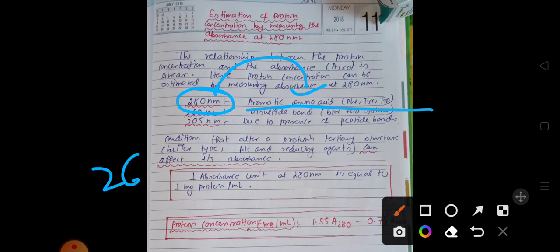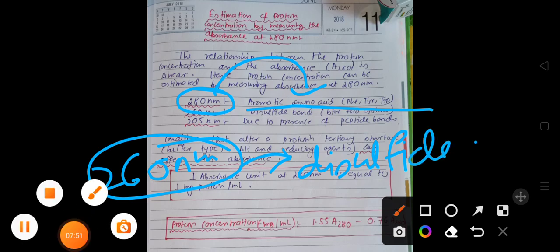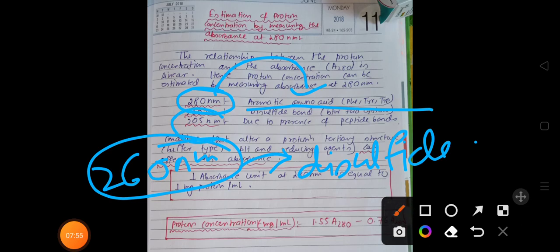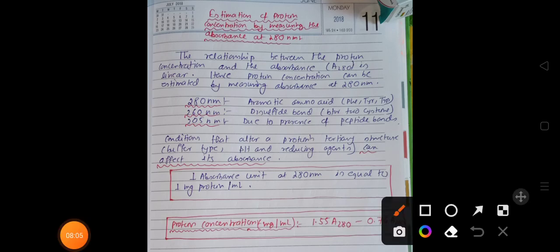One is at 260 nanometer, and this absorption is due to the presence of a disulfide bond between two cysteines. And another absorption is observed at 205 nanometer, and this is especially due to the presence of peptide bonds.